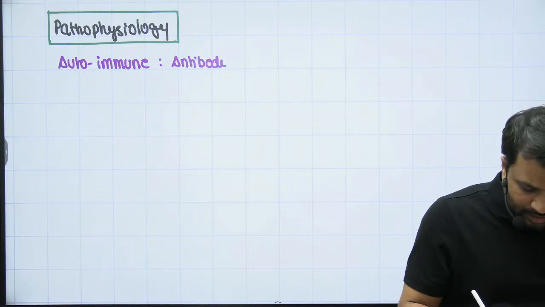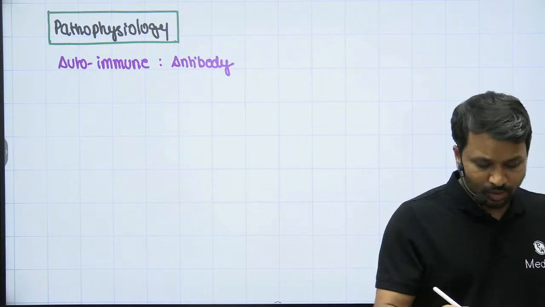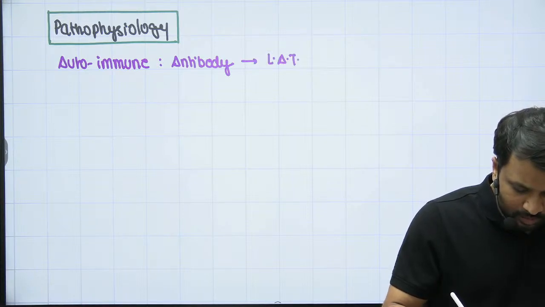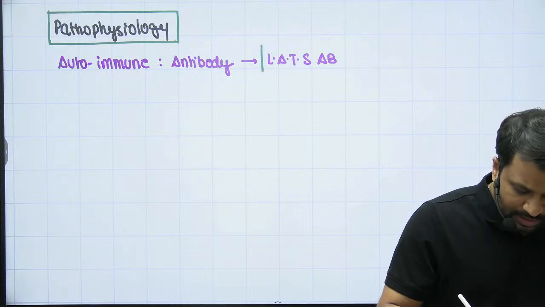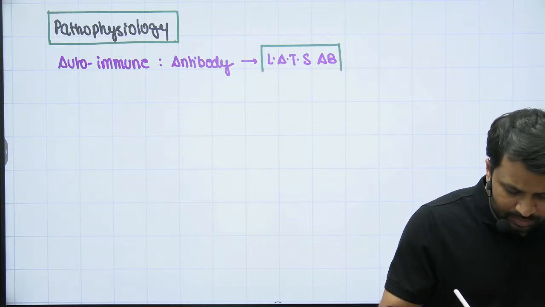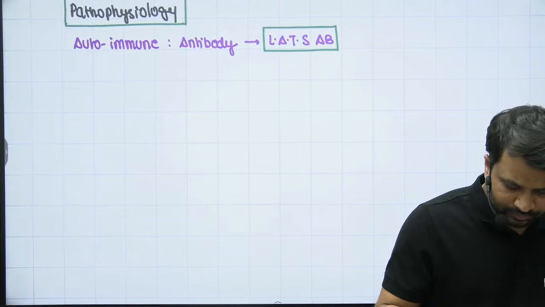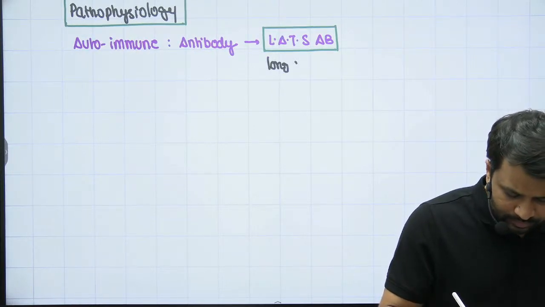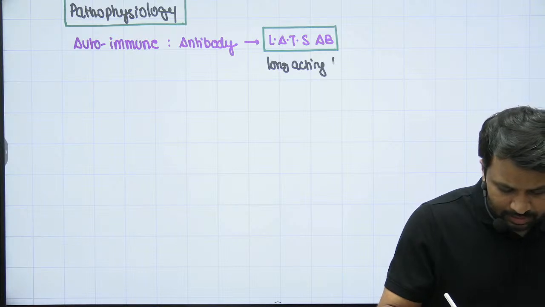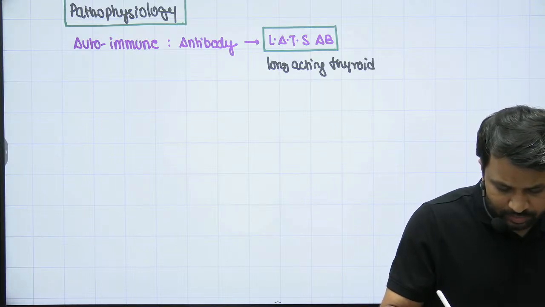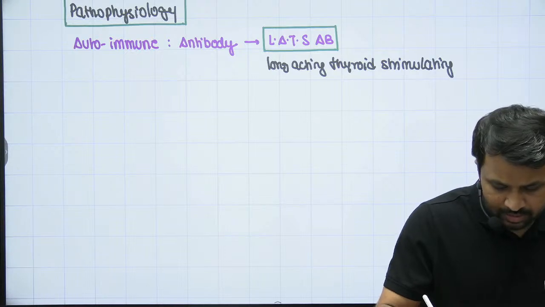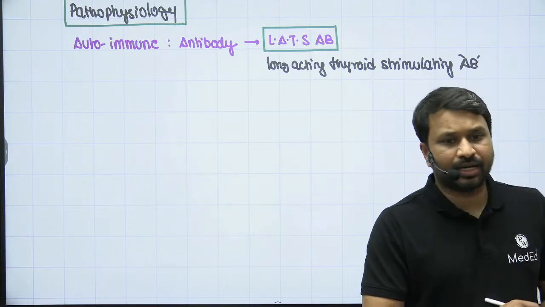The antibody that develops in Graves' disease goes by the name long-acting thyroid stimulating antibody, abbreviated as LATS. LATS stands for the long-acting thyroid stimulating antibody.